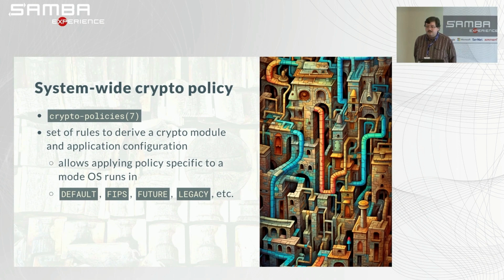It allows you to express certain requirements and say, okay, we have this policy that corresponds to FIPS, which means only these TLS ciphers enabled, only these MAC things enabled, only these hashes allowed for signatures, for verification, and all of these things. And then the crypto policies framework generates configuration files for all frameworks that it supports.